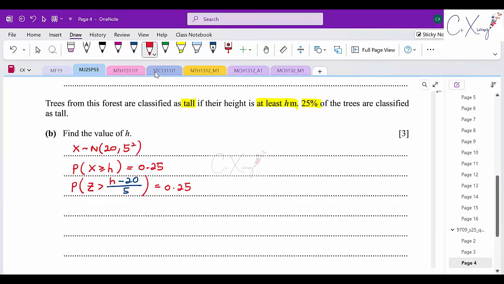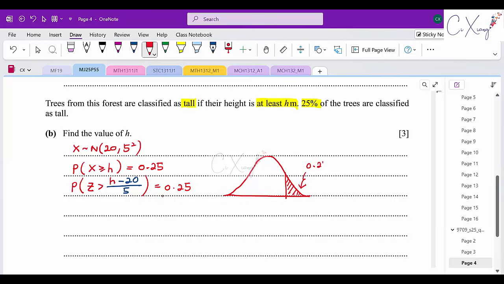And now I need to find out this value of z in our formula here. To find this value of z, I need to use the normal distribution table in the reverse way. But before that, I try to figure out first how my graph looks for this particular equation. Okay, it is a normal graph here, and they say that z greater than this value equals 0.25, which means 0.25 is a small area, right?